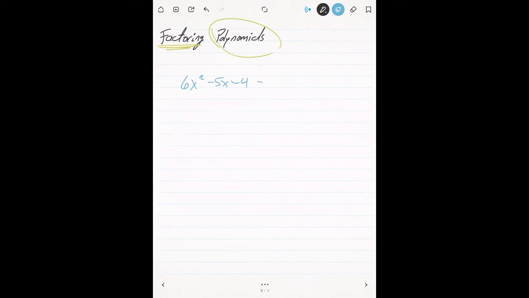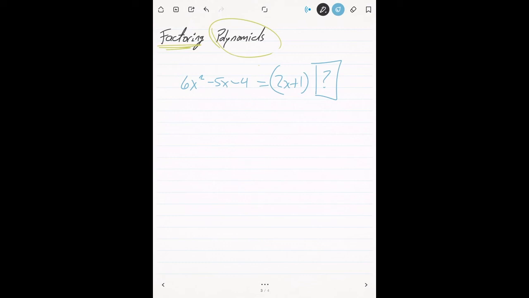And I'm telling you that we can multiply 2x plus 1 by some unknown value, some unknown polynomial, to get this trinomial, 6x squared minus 5x minus 4. So how can we go about figuring what this missing polynomial is?